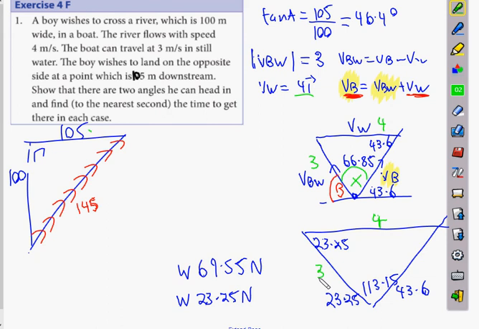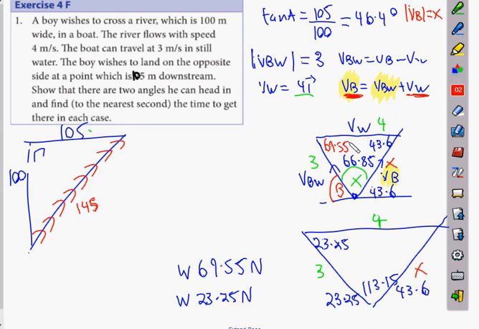That's 3. And we'll call the actual velocity of phi b, we'll call that x. So we have x in 2 different triangles, okay? And this here is 69.55. So we have 2 separate sine rules to figure out the answer, okay?